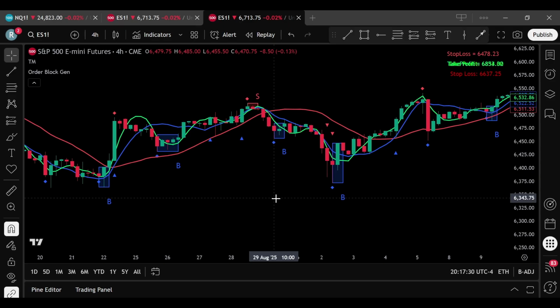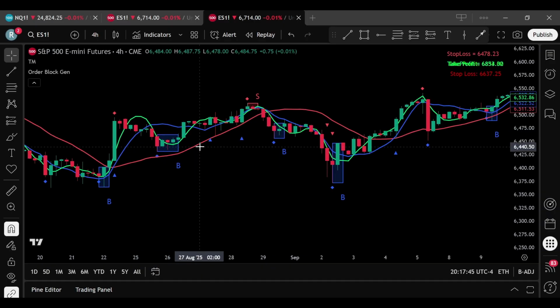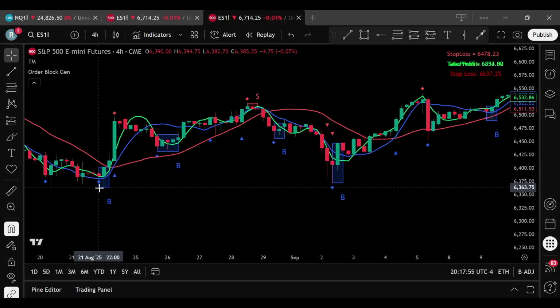And then for our last example, we're still here on the S&P 500 4-hour chart, kind of same price action as we just went over, but I now have the order block gen indicator on. And so the Trendmaster is going to help us find the next uptrend or downtrend, but the order blocks are going to help us find where that significant price action is, typically which highs or which lows should hold, and where we can reasonably expect price to retrace to.